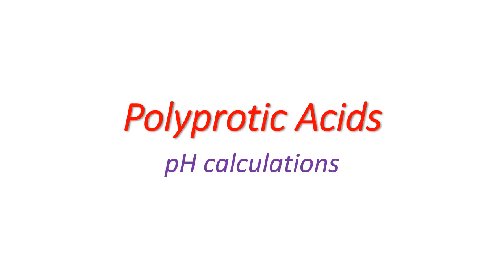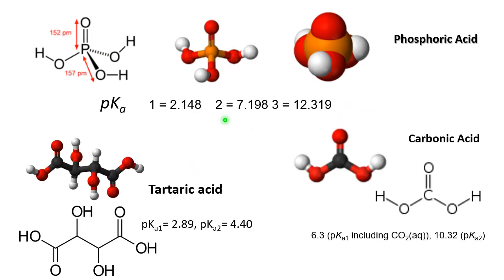Now let us look at acids that have several protons available for dissociation. Examples. Phosphoric acid, H3PO4, has 1, 2, 3 protons. For phosphoric acid, they are identical.